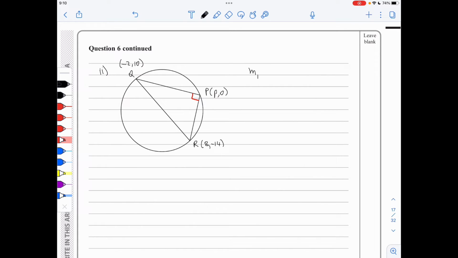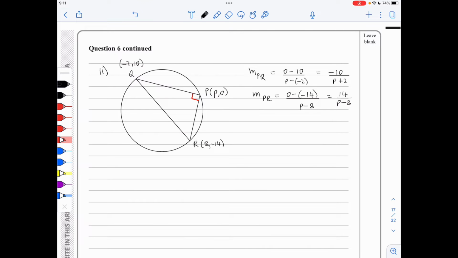The gradient of PQ is (0 minus 10) over (P minus minus 2). And this is minus 10 over P plus 2. The gradient of PR is (0 minus negative 14) over (P minus 8). So it's 14 over P minus 8.